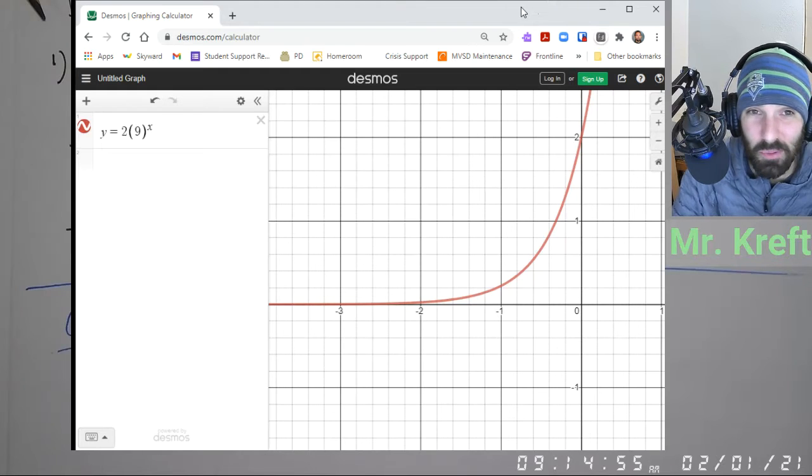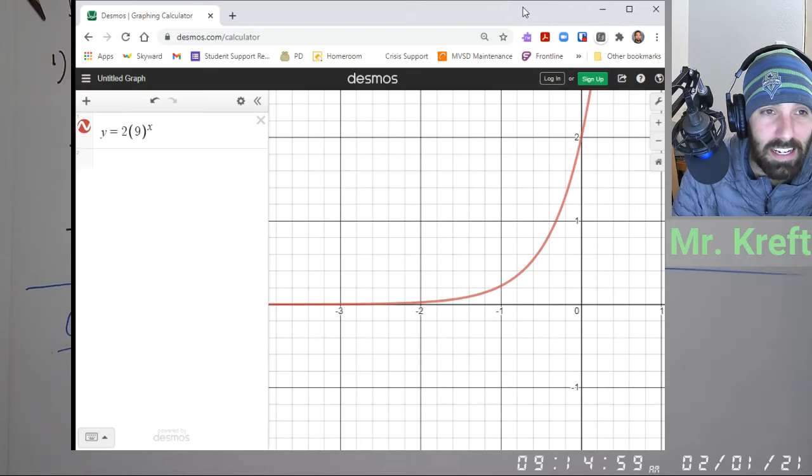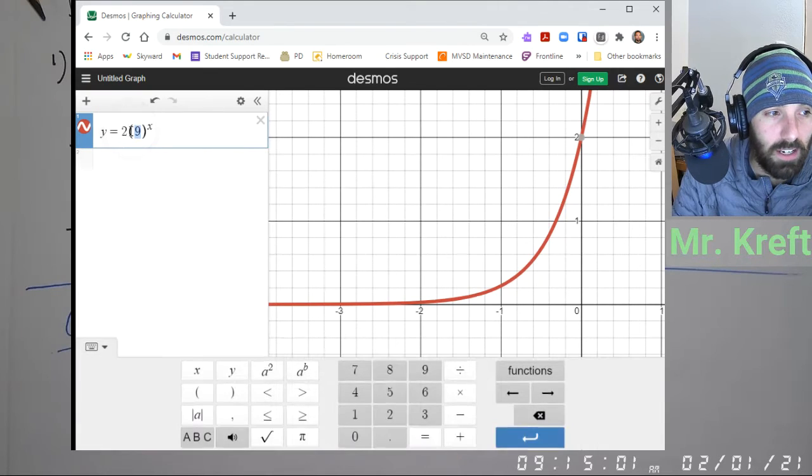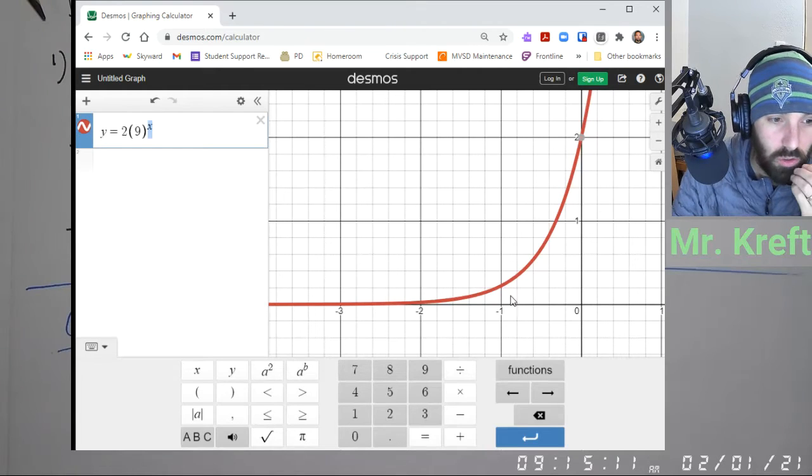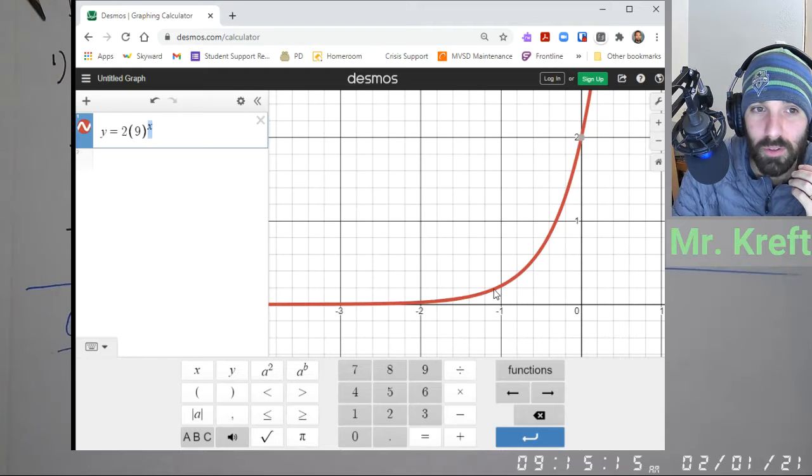Well, it turns out, because we skipped all of this for you guys, that when you take something to a negative exponent, for example here, if I take 9 to the negative 1, what it does is it turns it into a fraction. So it's basically saying 1/9. So that's what this is right here. It's 1/9 times 2. And then it's 2 1/9 times 2. And then it's 3 1/9.